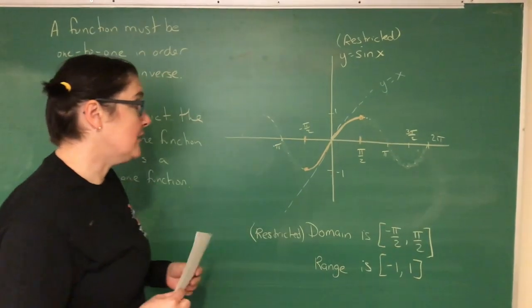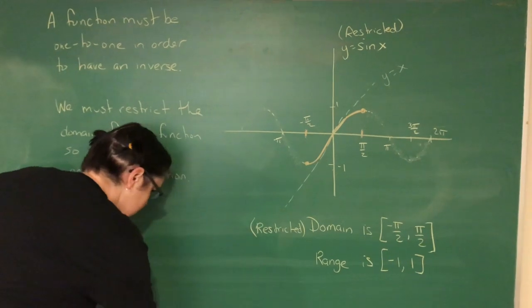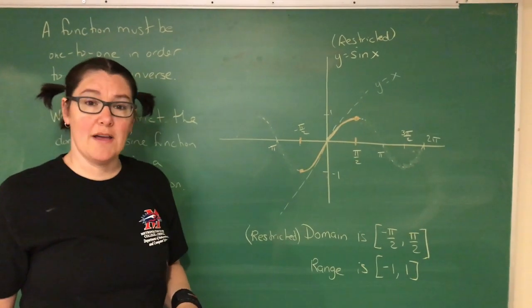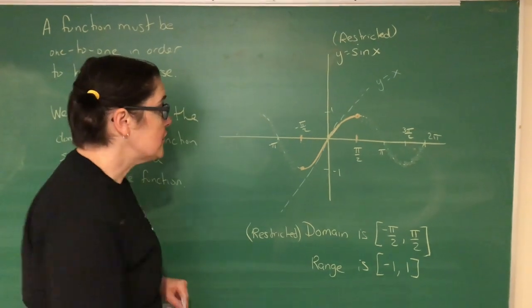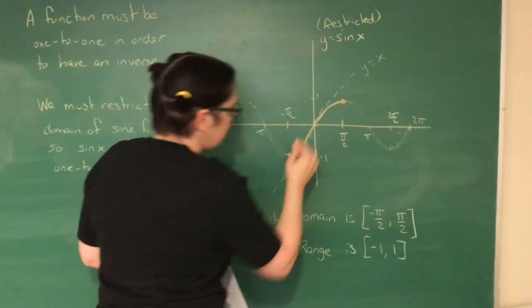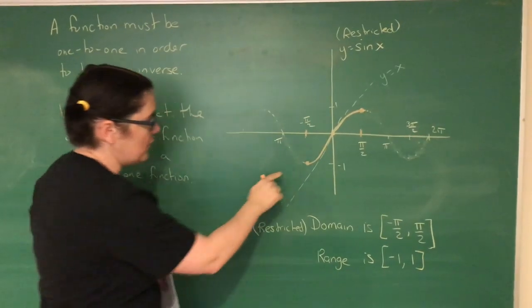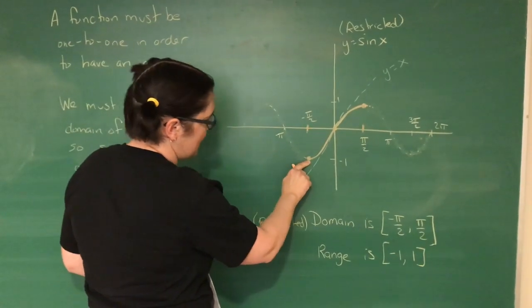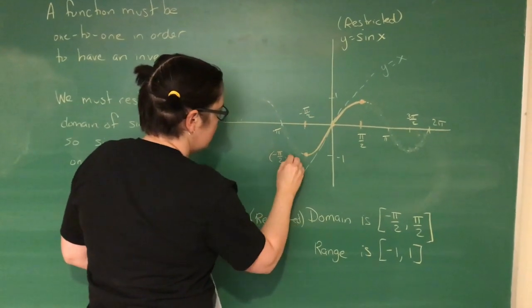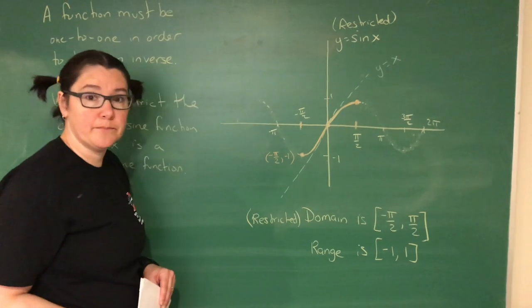Now, as some guidance, another observation that we made about inverse functions is that the x's and the y's flip-flop. On our original sine function, there are three important points. One of the points is on the lower left side, which is the point negative pi over 2, negative 1.